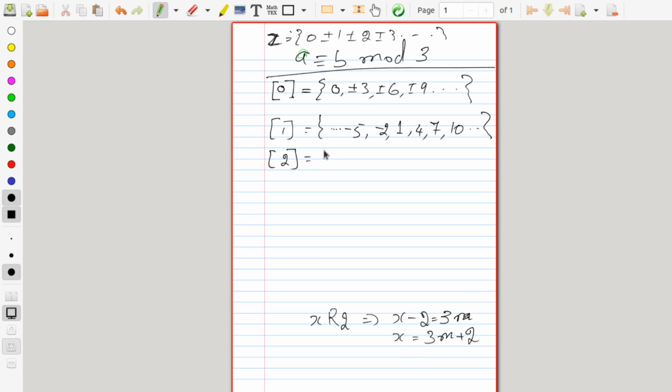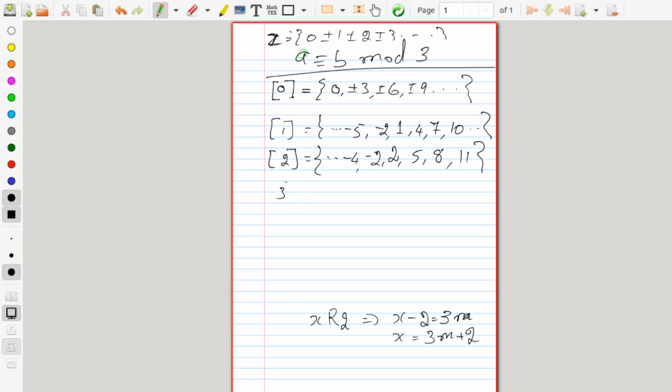That contains the elements like 2, 5, then 8, 11, and on this side it is minus 1, minus 4, etc. So that is the equivalence class of 2.